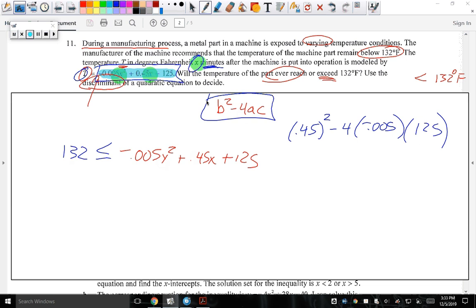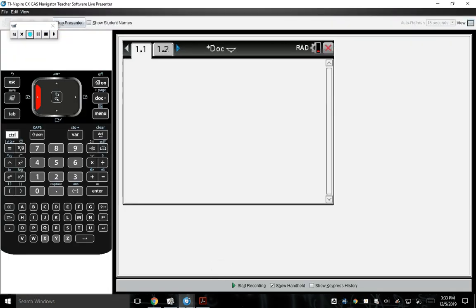Okay, so we're going to quickly put this into our calculator, B squared minus 4AC, and see what kind of answer we get. This is a with calculator problem. So parentheses 0.45 squared minus 4 times parentheses negative 0.005 times parentheses 125. We get a positive answer.